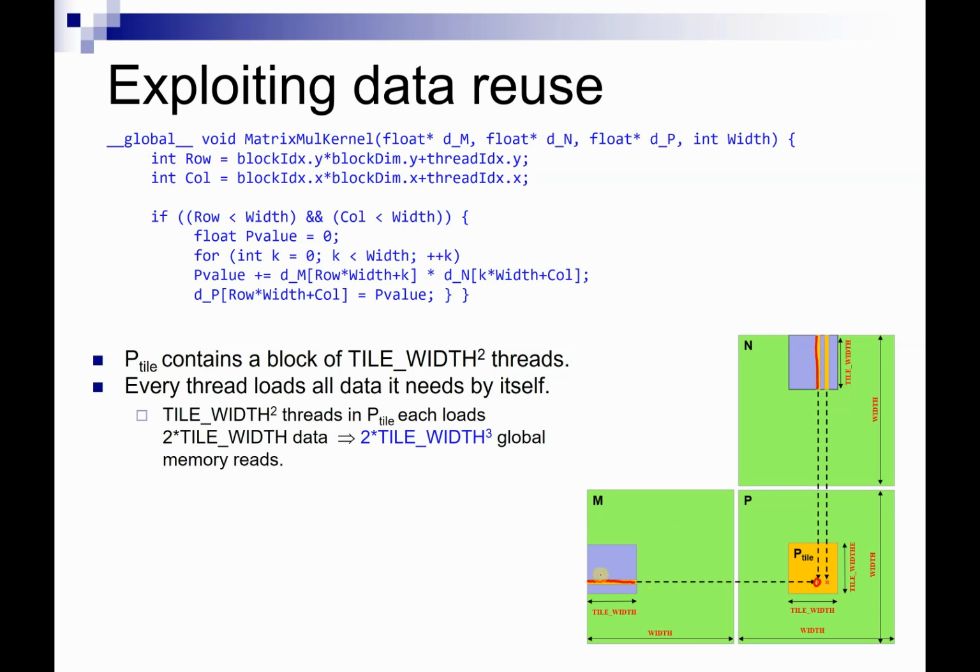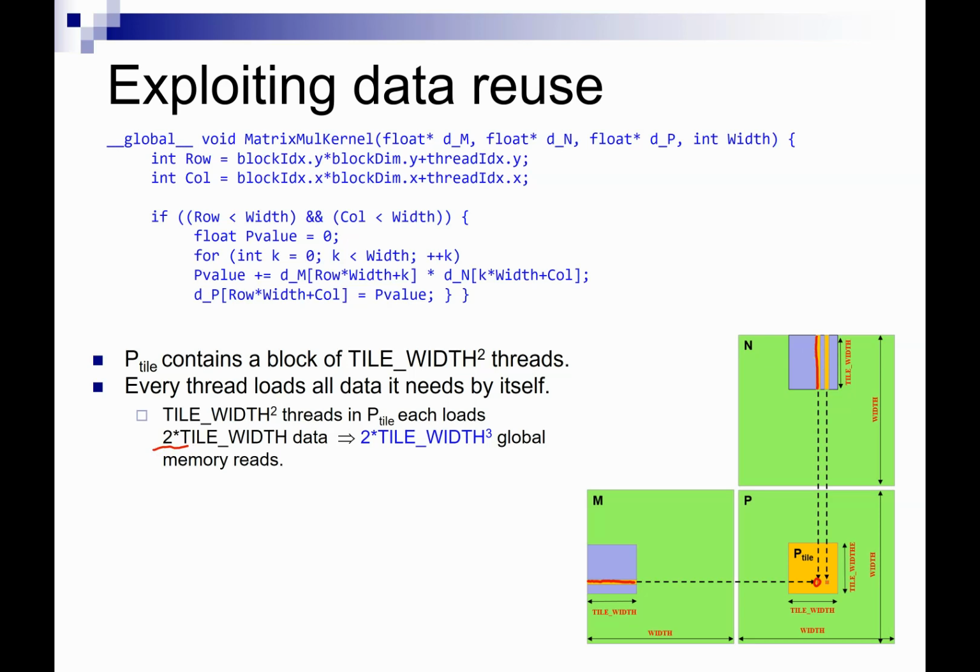If we just store M and N in global memory, each of those reads is going to be a global memory access. So if the tile is tile width by tile width, then each thread in P does tile width global memory accesses for M, and another tile width global memory accesses for N. So each thread reads 2 times tile width of data from global memory.